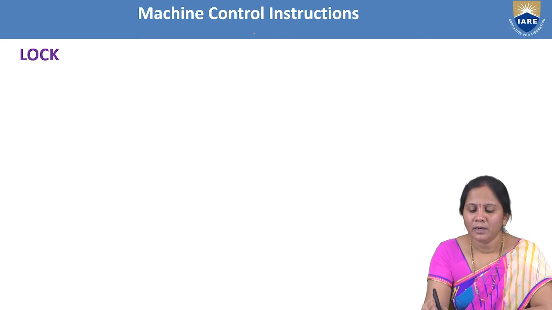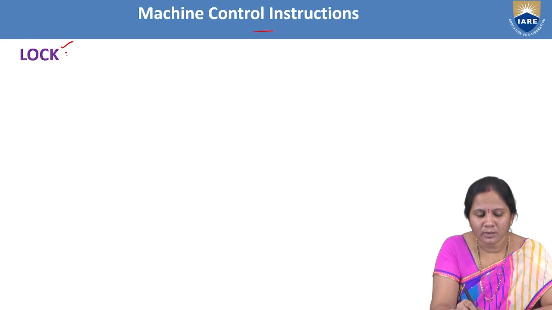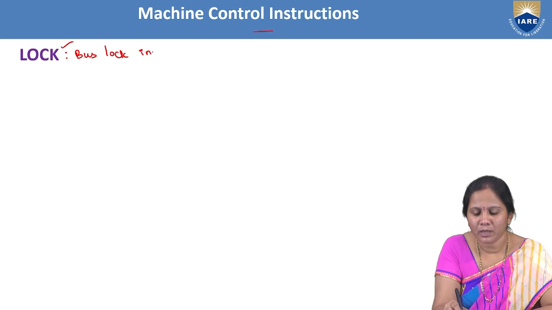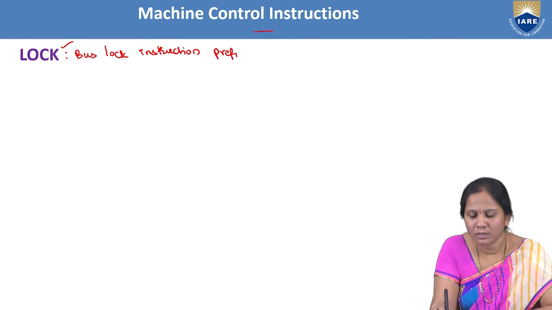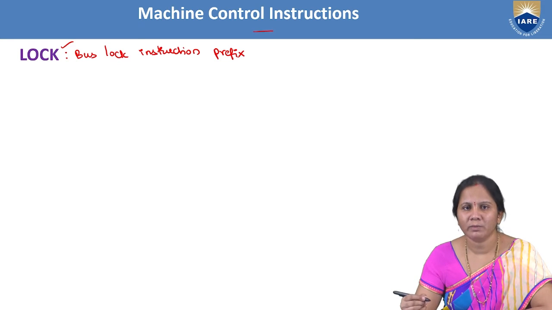And the next machine control instruction is LOCK. Here LOCK represents the bus lock instruction prefix. Suppose there are requested processors requesting the system bus access, and the processor is doing some work and is not willing to give the system bus access to the requested master.